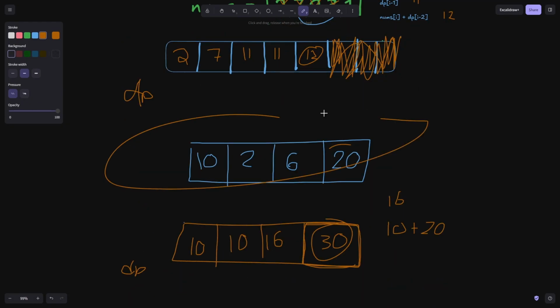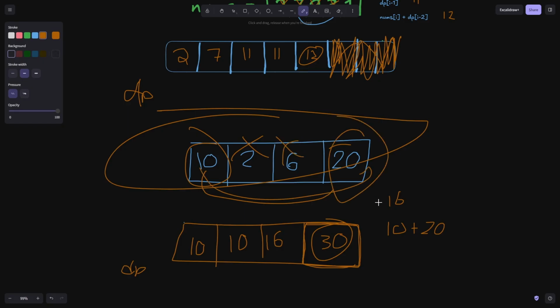Because if this is our input array and we need to rob houses, we don't want to jump like this because that gives us 16, and that's not the largest number. We don't want to jump like this because that's 22, and that's not our largest number. Our largest number is actually rob this house, skip this house, skip this house, rob this house. That's our maximum profit.